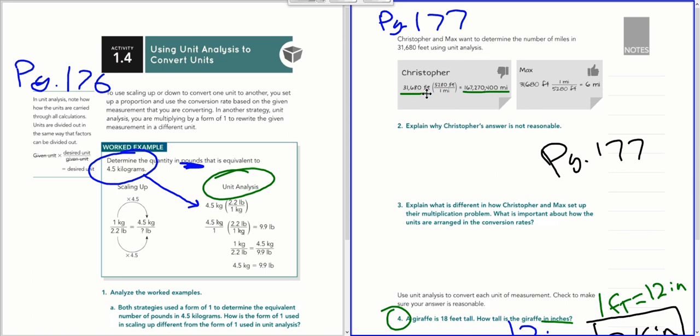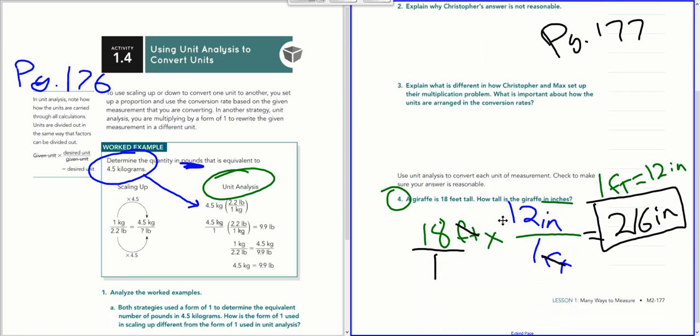The reason it went that way is he did not set up his ratio the correct way. The feet should be on the bottom so that it's diagonal and they cancel out. So instead of writing 5280 over 1, we should have done 1 over 5280, just like Max did. And then we need to divide in order to get 6 miles.